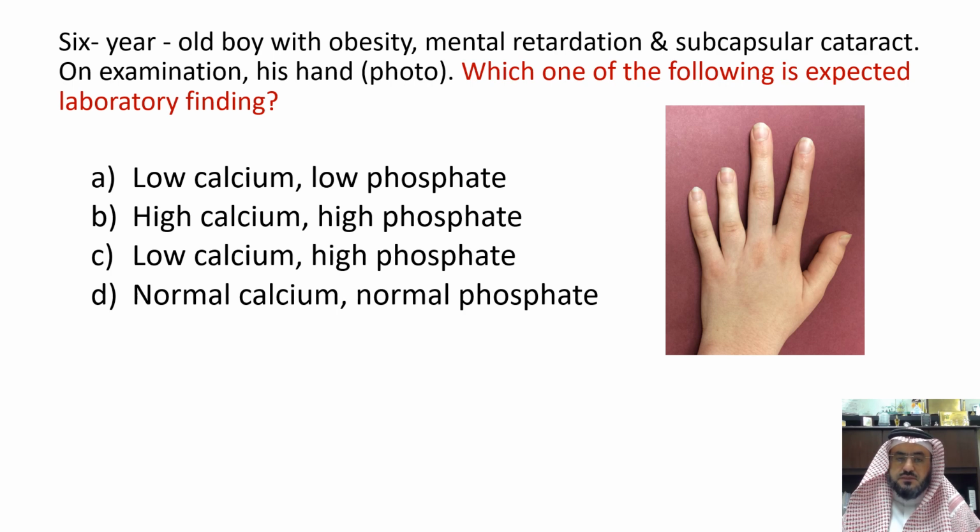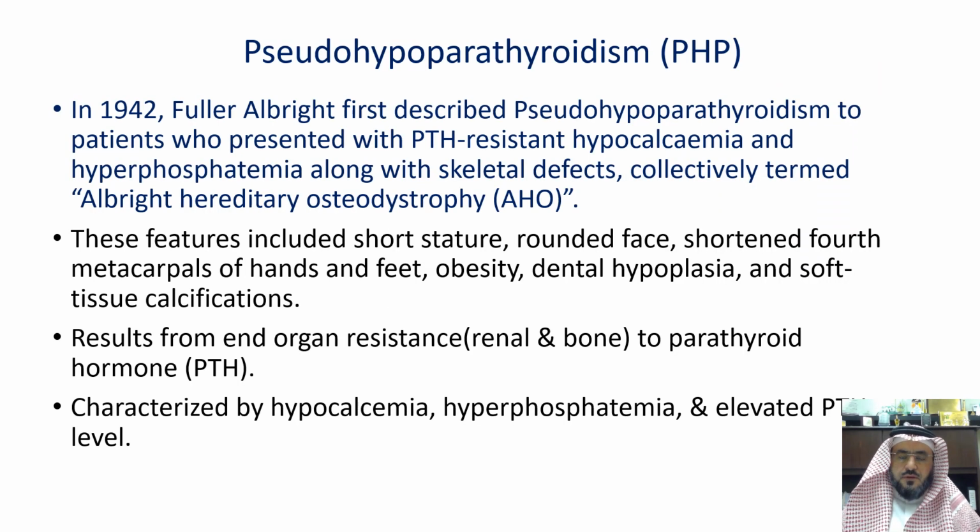So with hypoparathyroidism we expect low calcium and high phosphate. Low calcium and high phosphate. Pseudo-hypoparathyroidism was described by Dr. Fuller Albright in 1942. It's a combination of clinical and biochemical abnormalities.